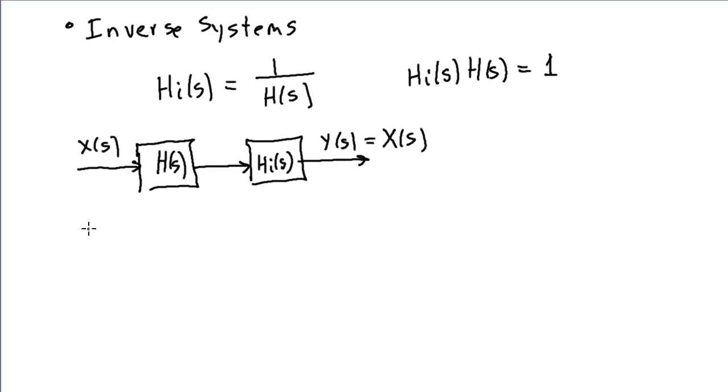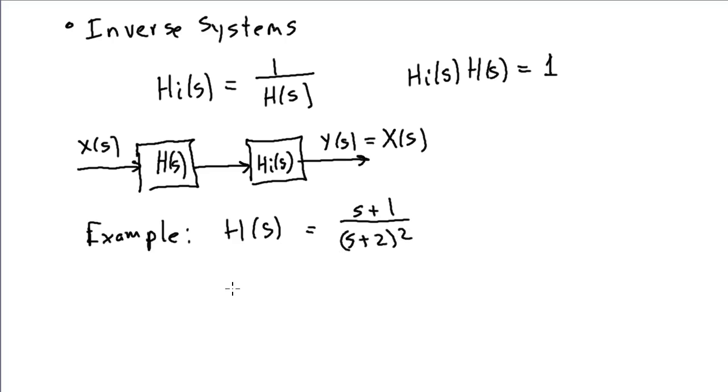So just as a trivial example, for the system we've been working with, which had transfer function (s+1)/(s+2)^2, the transfer function of the corresponding inverse system would just be (s+2)^2/(s+1).